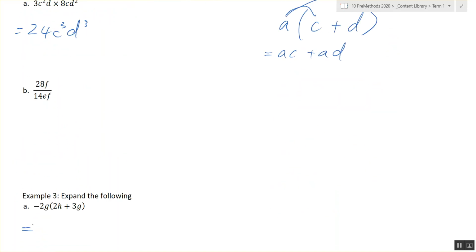So that's negative 2G multiplied by 2H is negative 4GH. Very good. Negative 4GH, and then we put what down? Plus negative 2G multiplied by 3G becomes negative 6G squared. So you can get rid of that plus and just put a minus in between.